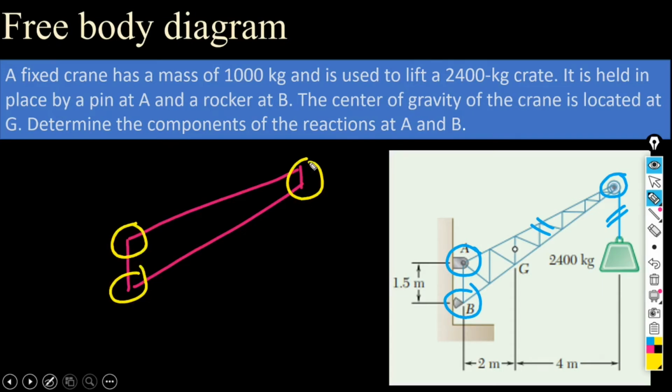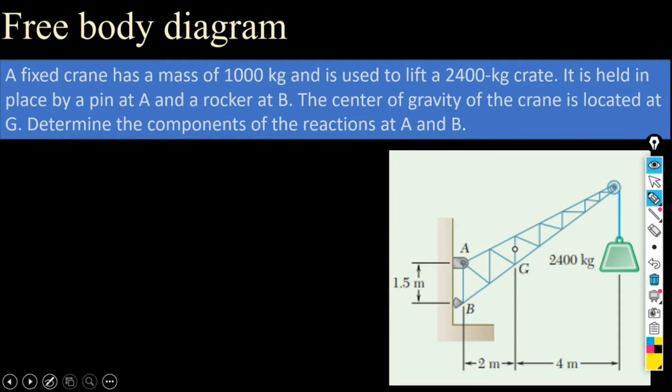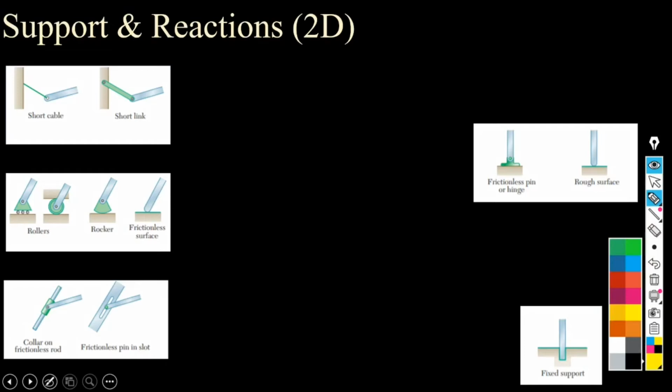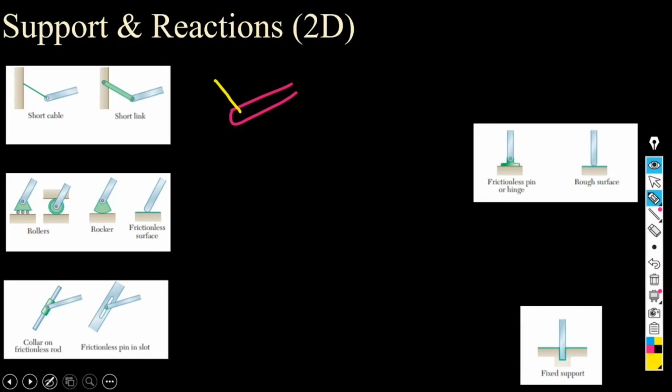These are the general elements which we use in mechanical systems. Let's start with the short cable and the short link. The short cable will always be under tension, and if you replace it for the free body diagram, the corresponding reaction will always be in tension. The short link will be either in tension or in compression, and the corresponding reaction force will be either in tension or compression.